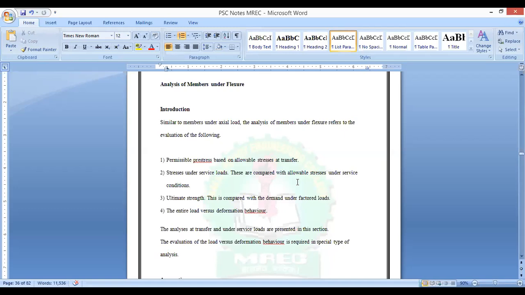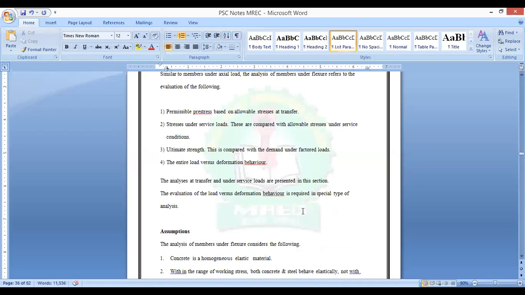Understood? So this is the analysis at transfer and service loads that is going to be presented in this particular unit or module. And here the evaluation of the load versus deformation behavior is required in a special type of analysis, because analyzing those particular members takes much time. That's the reason why we are going to have the load versus deformation behavior in terms of graphs, and through that we can evaluate it.